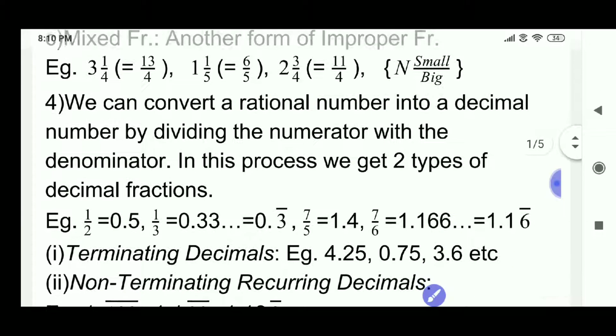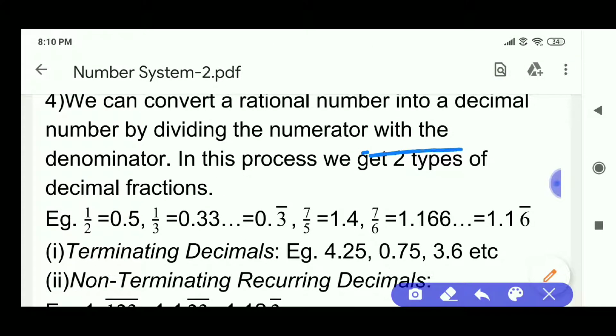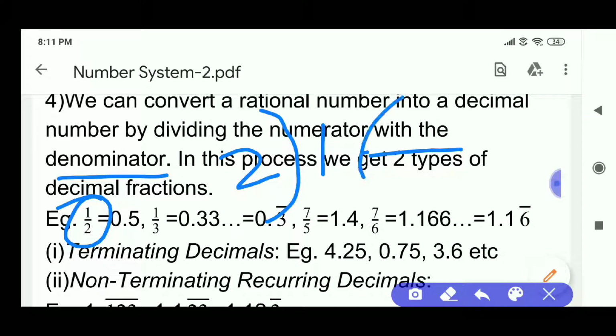Now, we can convert a rational number into a decimal number by dividing the numerator with denominator. That means, suppose there is 1 by 2. The numerator is 1. We are dividing it with denominator 2. In this process, we get decimal fractions.